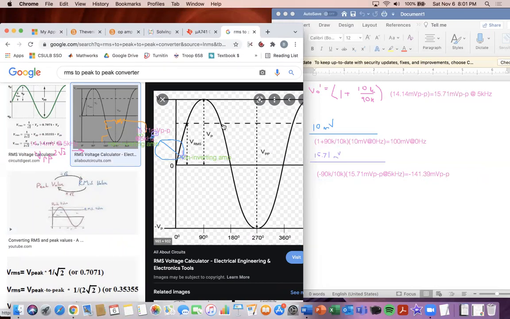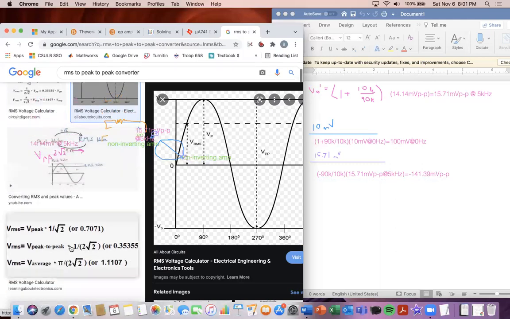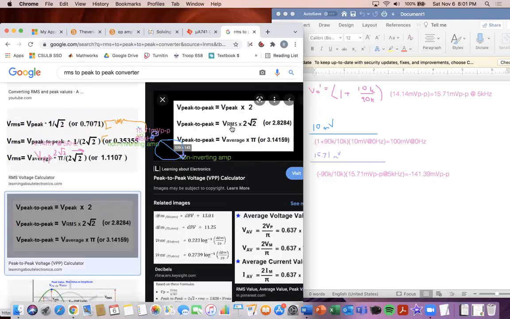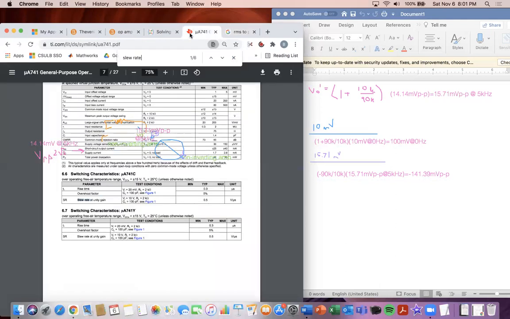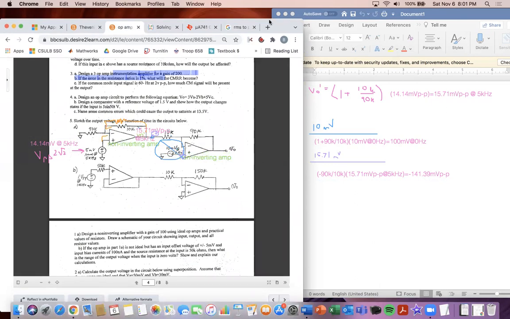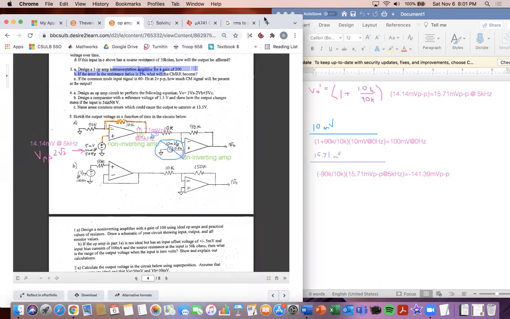And the reason I did this conversion times 2 rad 2 was because that's how you go from root mean squared to peak. But since you didn't go over that, most likely on the exam we'd have something that's peak to peak, right? Yeah, I just did it in case so you guys know the conversions to rad 2. Dope. Just at least you gain the skill. You're going to have to use that in future classes.